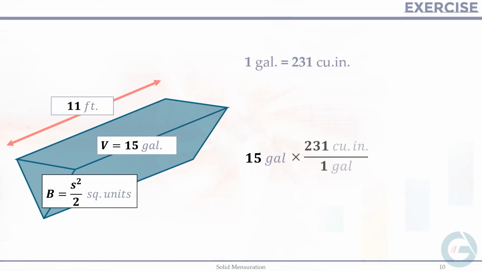Check the denominator, we have gallon, and this one is also gallon. Of course, this cancels out. So 15 times 231 will give us the volume in cubic inches, which is 3,465.